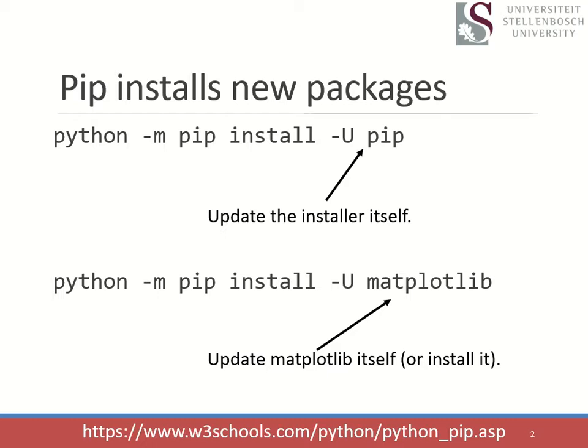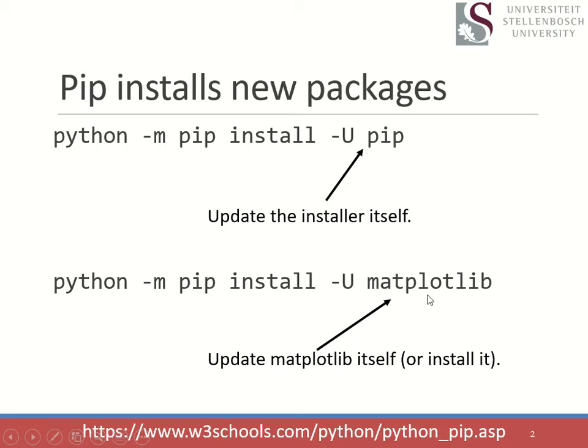So if you don't have the latest version of pip, you can be sure that the software will remind you about it. You can see that this first line, python -m pip install -U pip, will update the pip installer itself. Once you've done that, you can go ahead and install matplotlib by a very similar command, but here specifying matplotlib as the one to be installed.